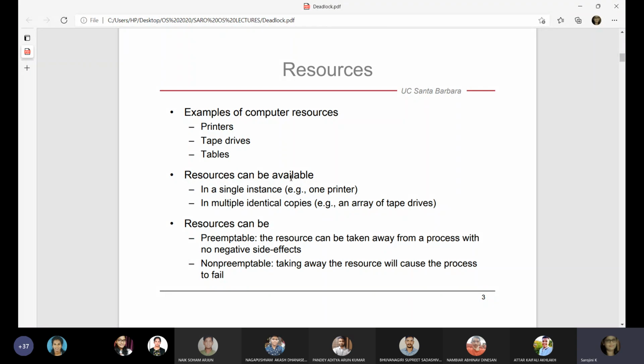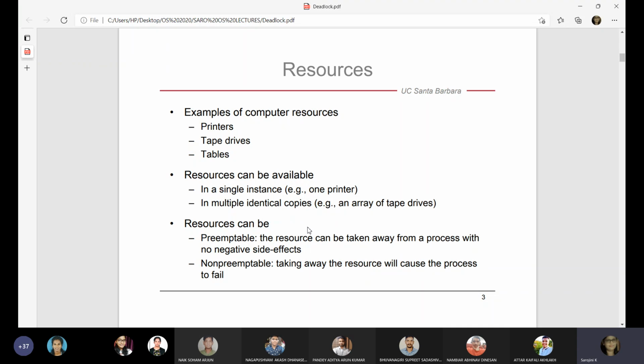Resources can be available in a single instance, or in multiple identical copies. When we talk about the printer, it is not necessary that one system will be connected with only one printer. It can be connected with more than one printer or plotter. For example, there can be an array of tape drives, so the type of resource is one but the quantity is more.